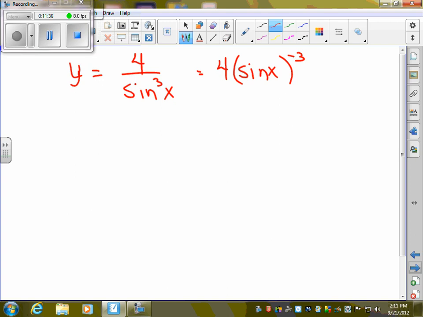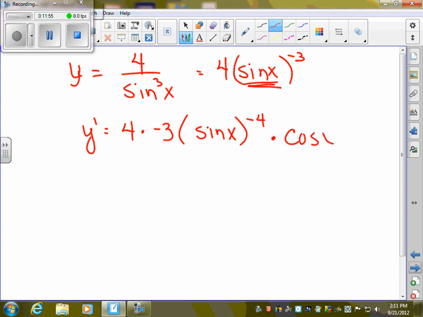So then the derivative would be 4, the derivative of something to the negative 3 would be negative 3, something to the negative 4, times the derivative of the inside, which would be cosine of x.